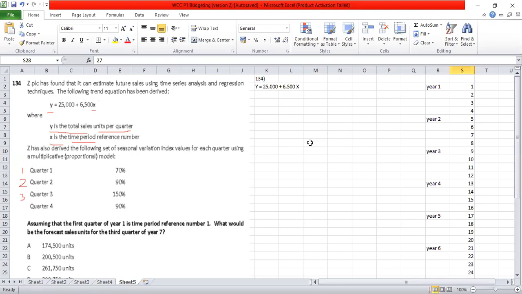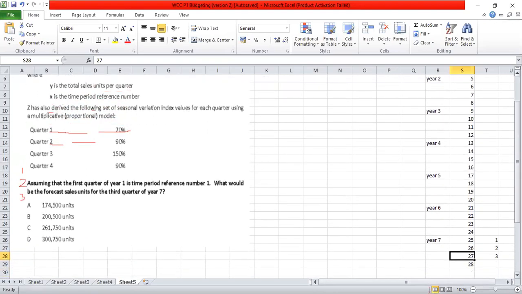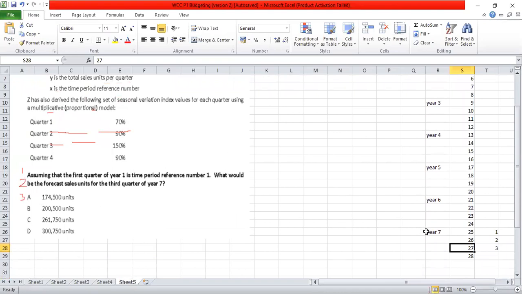Time period is given as quarters. But quarter 1, quarter 2, quarter 3, year 1, quarter 1, and so on, cannot be substituted. Therefore, each quarter is given a number. The reference number is given as, assuming that the first quarter of year 1 is time period reference number 1, what would be the forecast sales units for year 7, third quarter, which is 27.